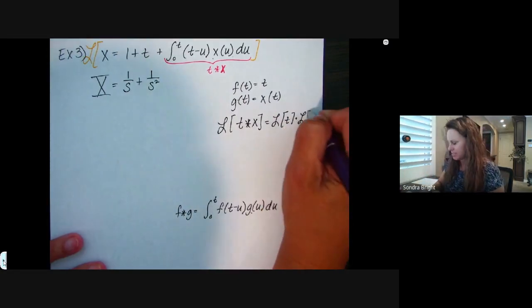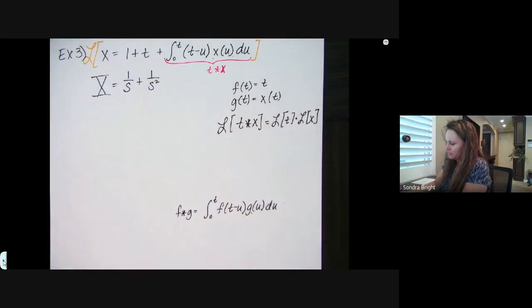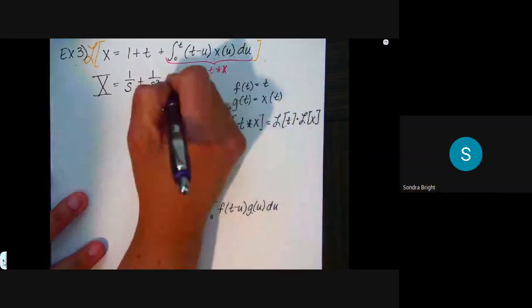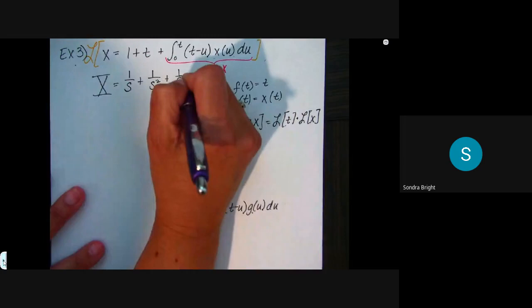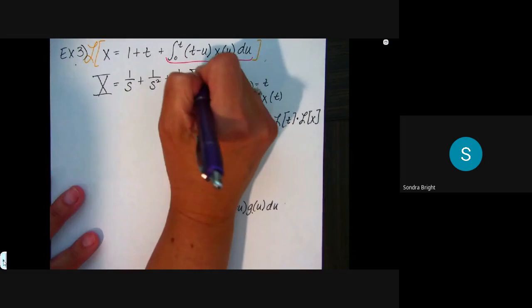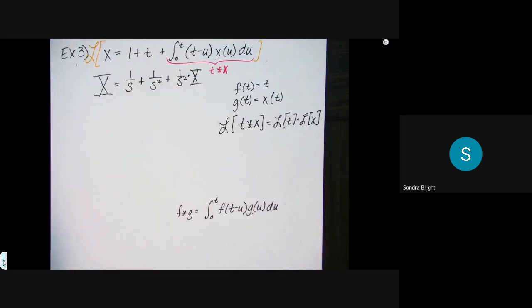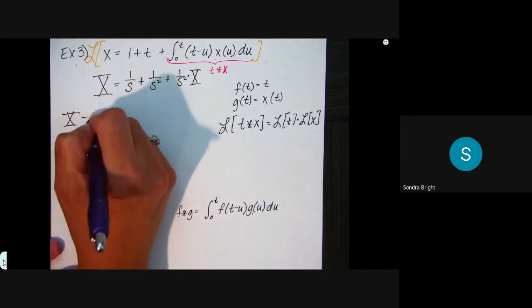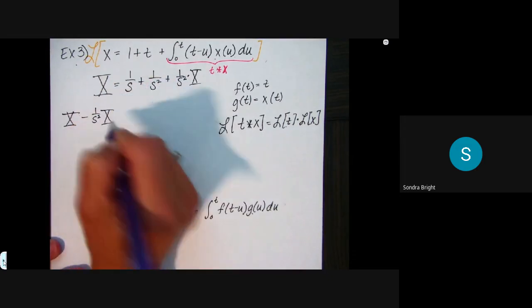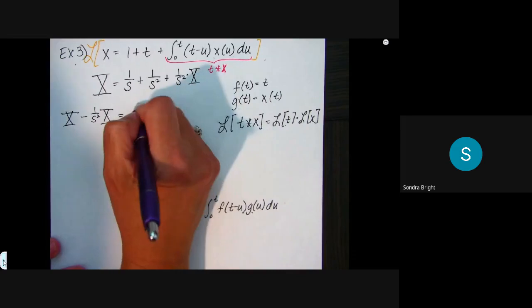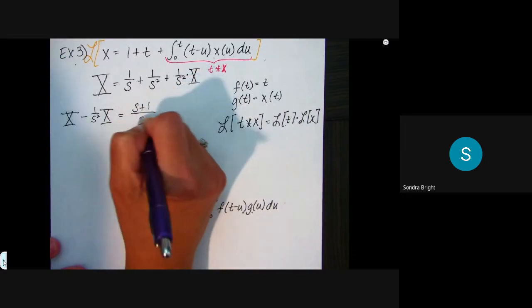Nice. So the Laplace transform of t is just 1 over s squared times the Laplace transform of x, which is just capital X. Our goal is to solve for capital X, so I would subtract this over. So I've got capital X minus 1 over s squared capital X. I guess I should have factored that out. And then I've got 1 over s and a 1 over s squared, so that becomes s plus 1 over s squared, just getting a common denominator.